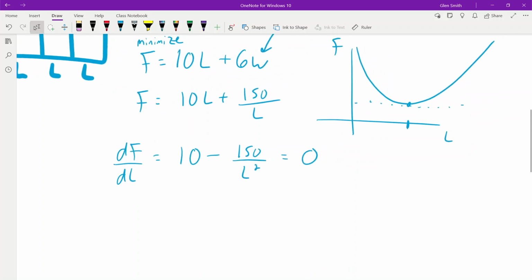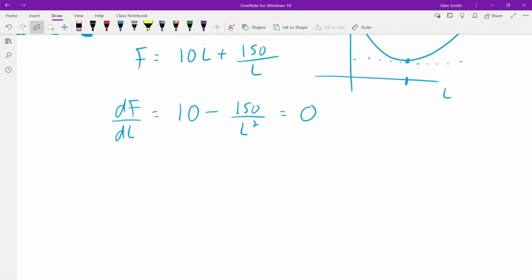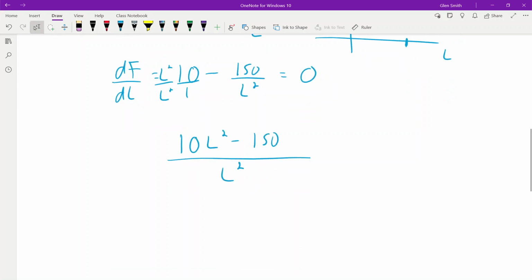You see me daily. So if we want to find where this is 0, we're going to get a common denominator, and that's going to be L squared. So I'm multiplying this 10 by L squared over L squared, right? That's 10 L squared over 1. And you don't really have to do that. You can solve that however you like. I think it's easiest to get it as one big fraction, which is what we have.